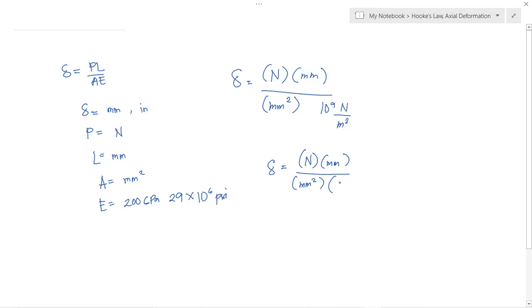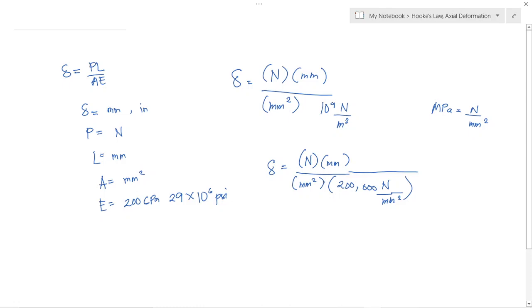That is Newton per square millimeter. Sa last discussion ko sa inyo, kapag Newton per square millimeter, yan ay dinidenote na 1 MPa. Megapascal is equivalent to Newton per square millimeter. Kaya pinapa-express ko ngayon yung modulus of elasticity into megapascal.